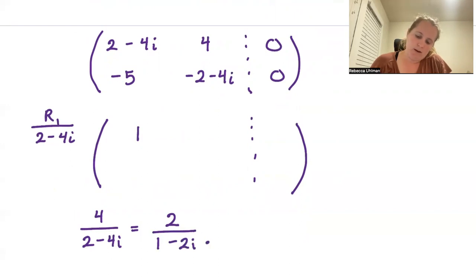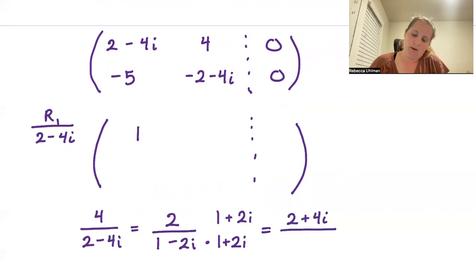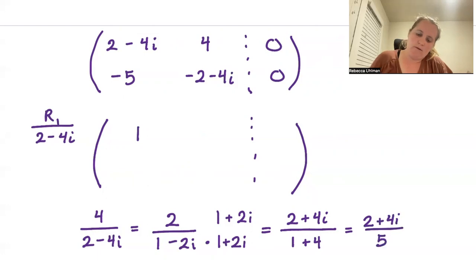Then we can multiply the bottom by 1 plus 2i, multiply the top by 1 plus 2i, and we are looking at 2 plus 4i, all divided by 1 minus 2i times 1 plus 2i, which is 1 plus 4. So we are looking at 2 plus 4i divided by 5.